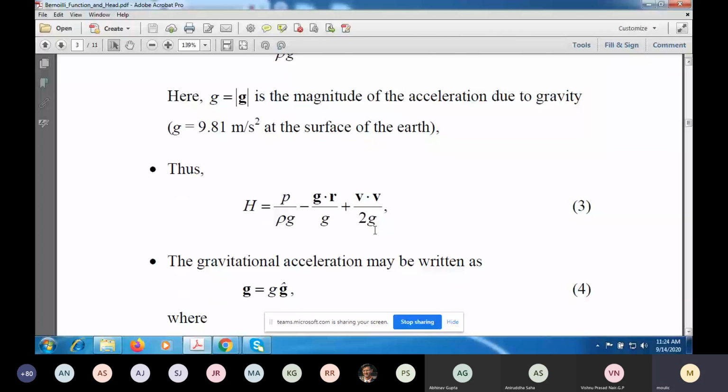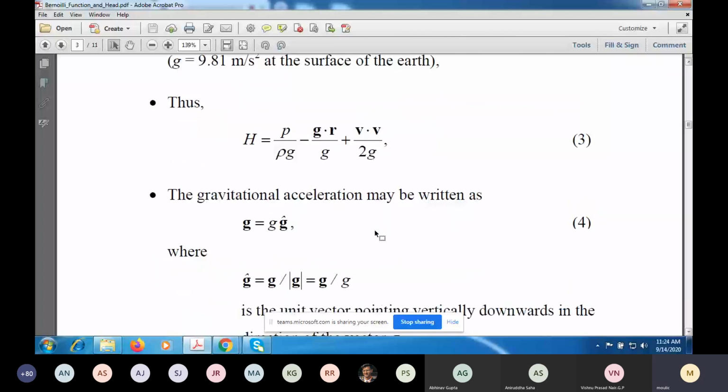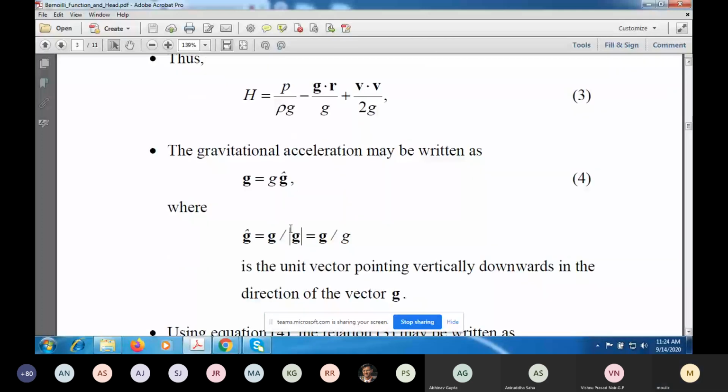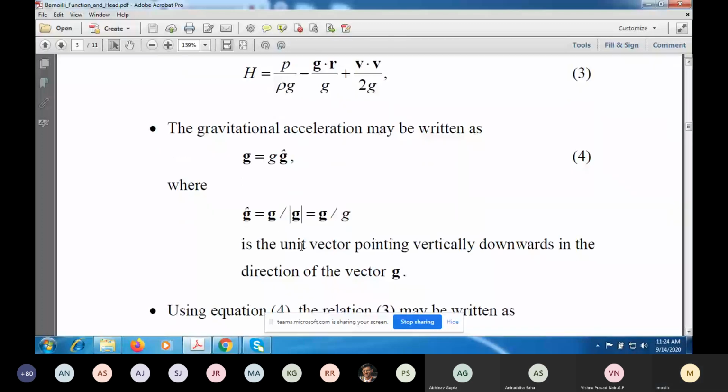Now I can write the gravitational acceleration as the scalar g times the unit vector in the direction of the gravity. So this symbol g with the hat indicates that it is a unit vector. So the definition of g hat is g divided by its magnitude. So this is the unit vector which will be pointing vertically downwards in the direction of the vector g.